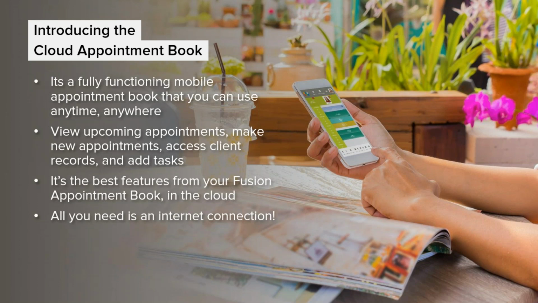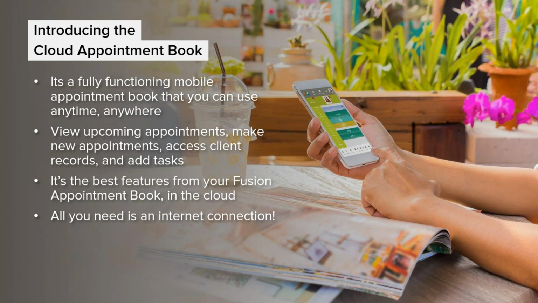So you can give your front desk, you can give your staff permission so that they can log into the cloud and look at the appointment book. And it has all of the same functionality of your point of sale appointment book. This includes being able to make appointments, move appointments, cancel appointments, and even putting in tasks to block out the time.